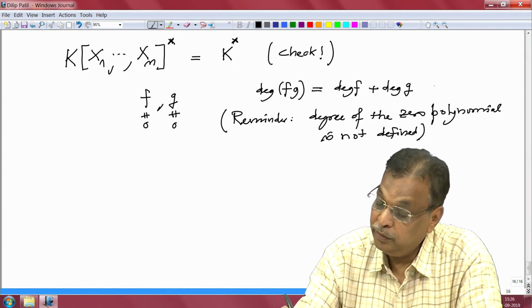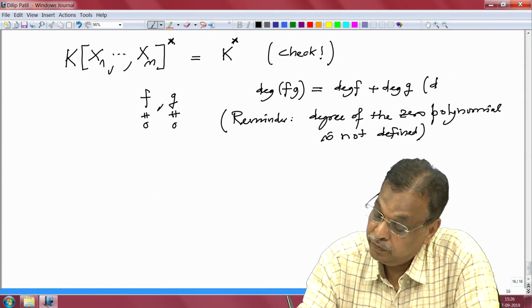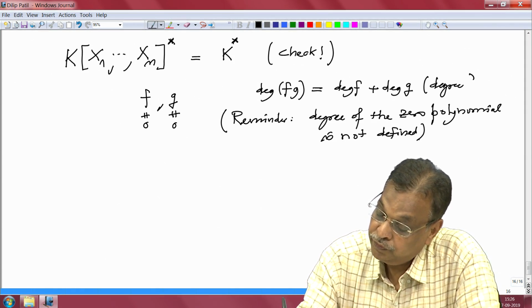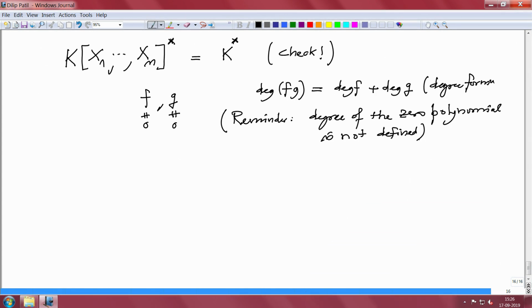Sometimes this is also called the degree formula. And this is more generally also true.